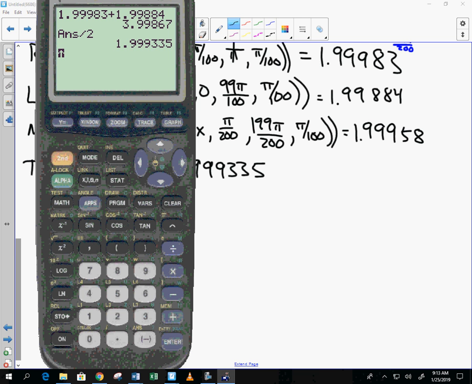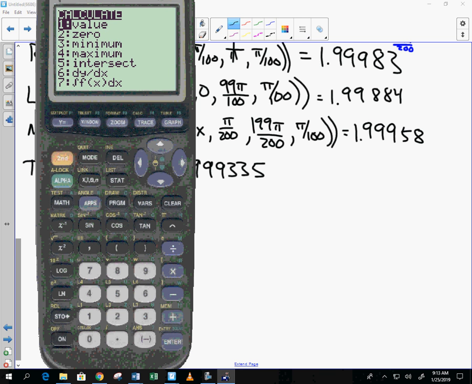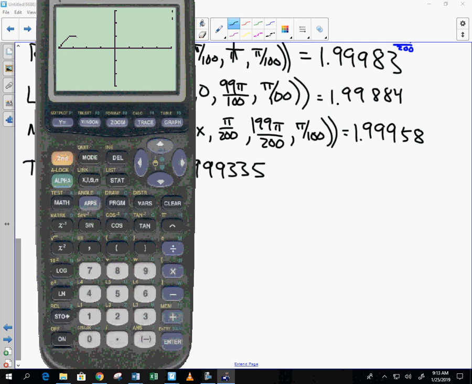Finally, the last thing I will do is use second, calculate, number 7 to find the exact area bounded from 0 to pi. I type in 0, and my upper limit is pi. And it calculates it: dos, which is Spanish for 2.